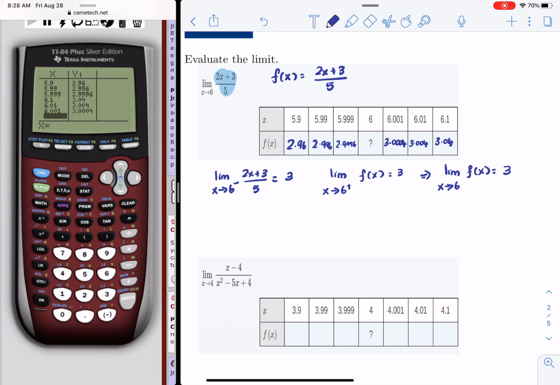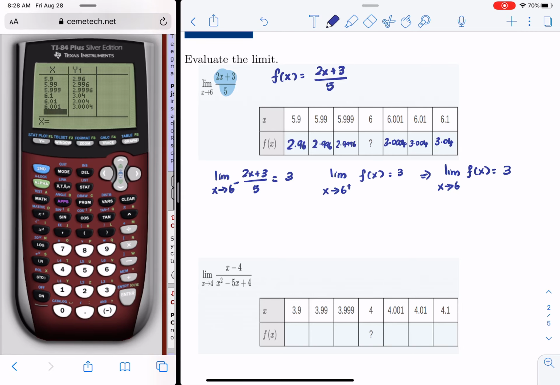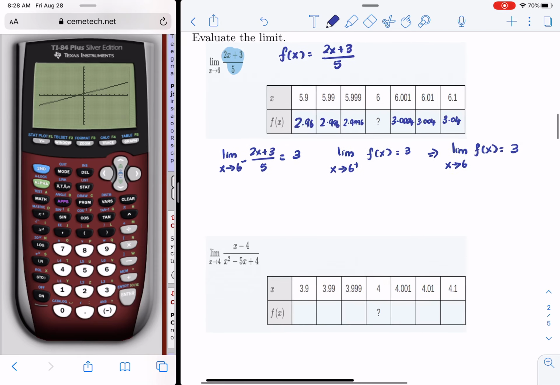Now, this is a function that is continuous. I know it, but if you can't recognize it, you can simply graph. So if you hit graph, you get that function and you see no discontinuities. So I could have simply plugged in the value of the function. So f of 6.